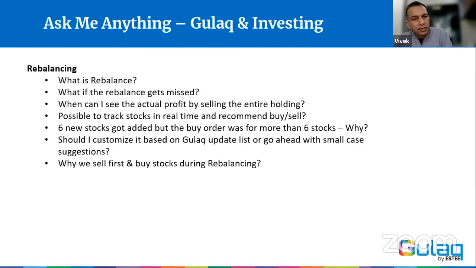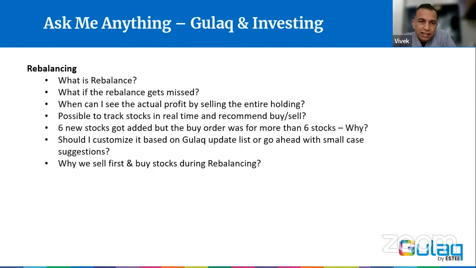We take that new data into account and see what is the portfolio I should be having on 1st of March, and whatever is the delta, whatever is the change from last time to this time, that is the rebalance. That is, there'll be few buy recommendations, there'll be few sell recommendations, and there'll be few hold recommendations. That is the rebalance. There was also a question regarding rebalance, what if it gets missed?